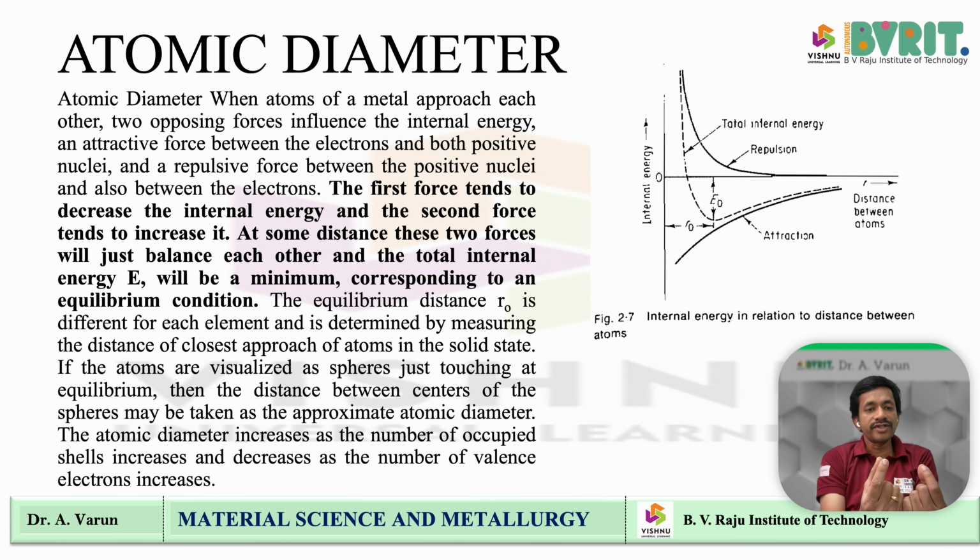These two opposing forces cancel each other off, and there will be a net zero resultant force, at an equilibrium of both attraction and repulsion, and that distance between the two atoms will decide the interatomic distance. That's how the atoms are arranged in the entire crystal lattice structure, for example a perfect cubic, and that is how we get the different crystal lattice structures that we have discussed in the previous discussions.